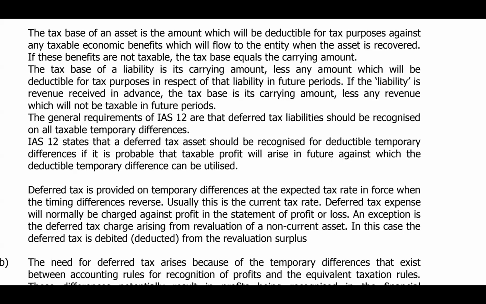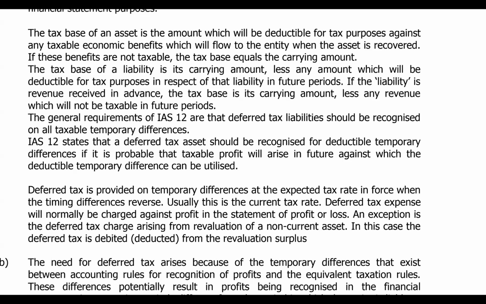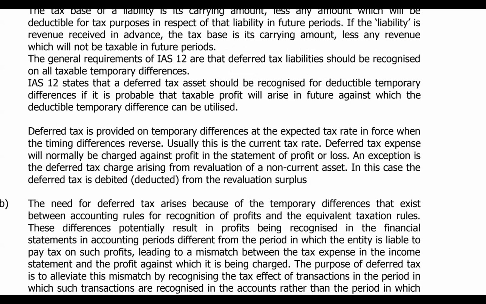International Accounting Standard number 12 also says that a deferred tax asset should be recognized for deductible temporary differences, if it is probable that taxable profit will arise in the future against which the deductible temporary difference can be used.